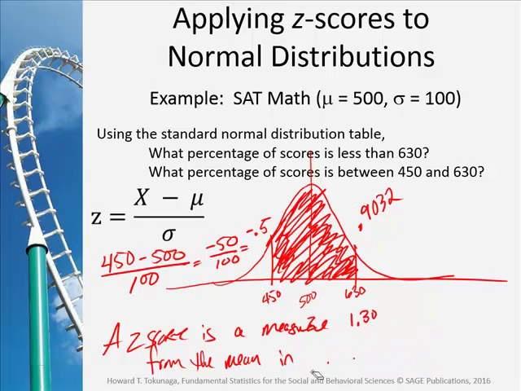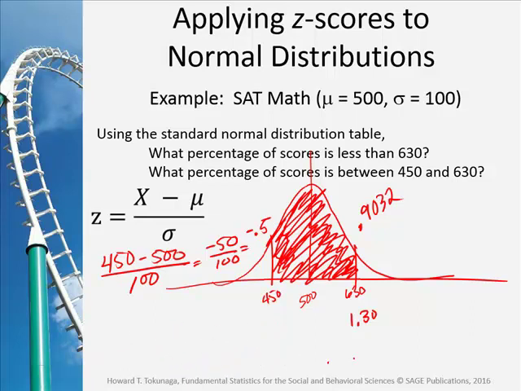What do we do next? Okay, so now I need a z-score of negative 0.5. How do I do that? You flip your sheet over. Because I'm nice, I gave you the negative numbers.